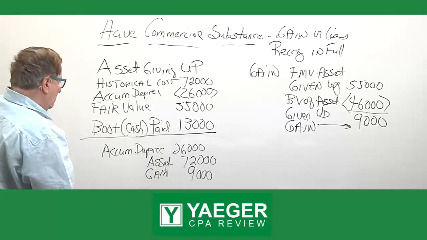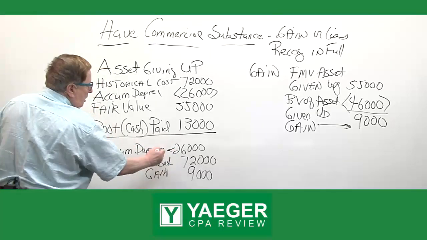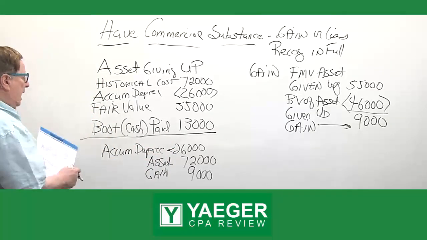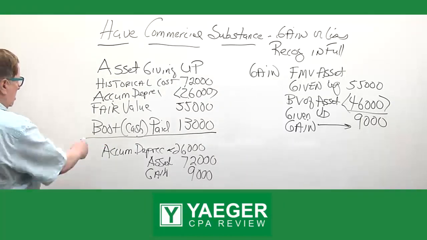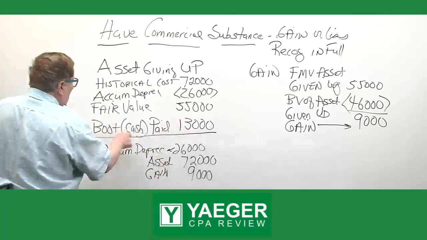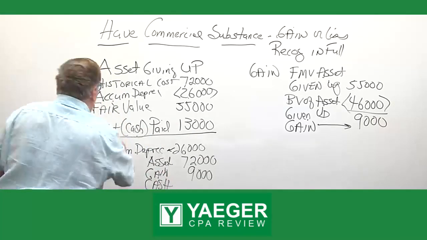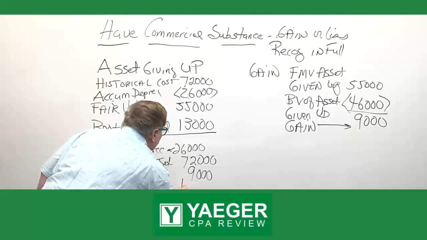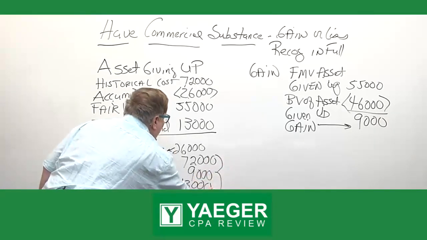Now, remember, this $26,000 is a debit. We have two credits, the asset given up and the gain. And also, remember, in this case, we're paying boot. So we credit cash of $13,000.